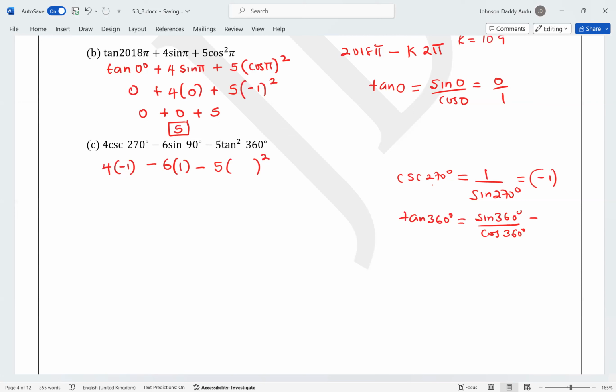But sine 360 is 0, while cosine 360 is 1. So tan 360 is equal to 0. So this is also 0. That means you will have minus 4 here, and minus 6, then minus 0. So everything is minus 10.